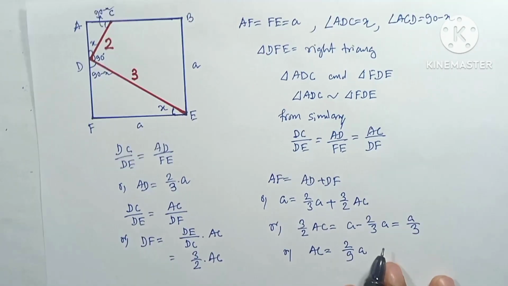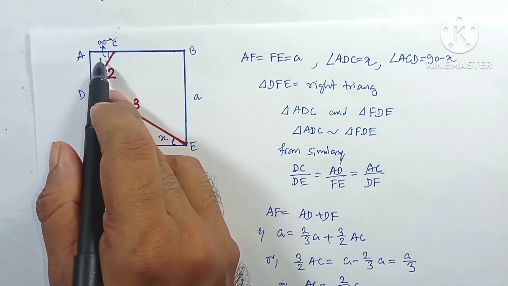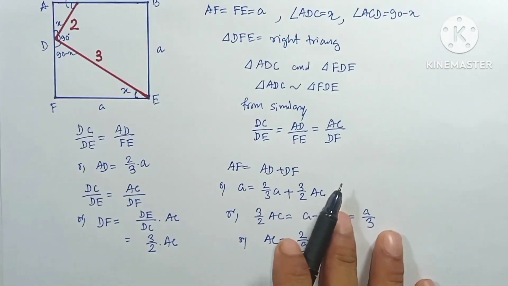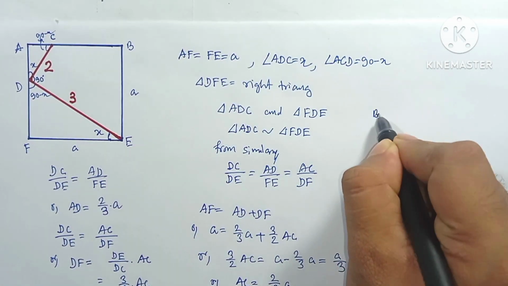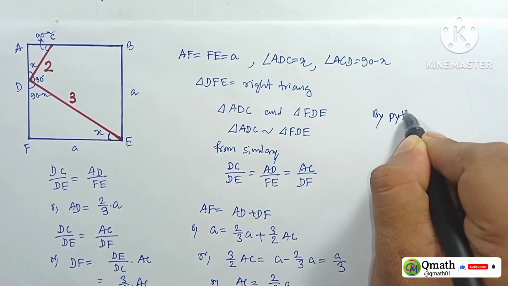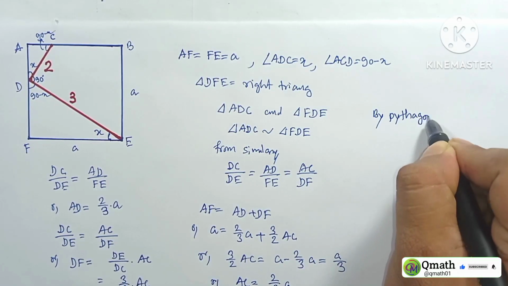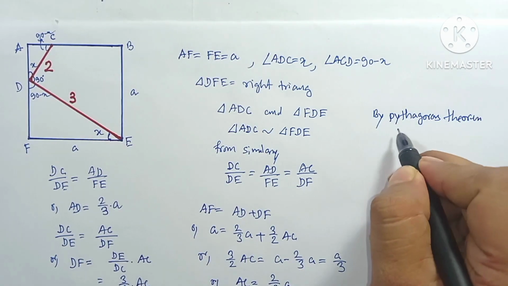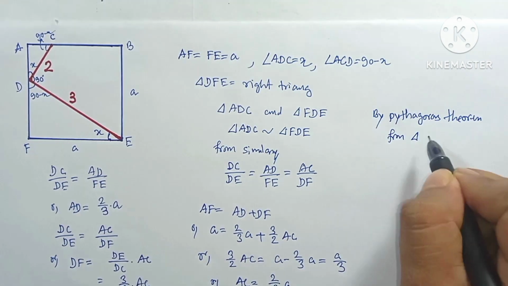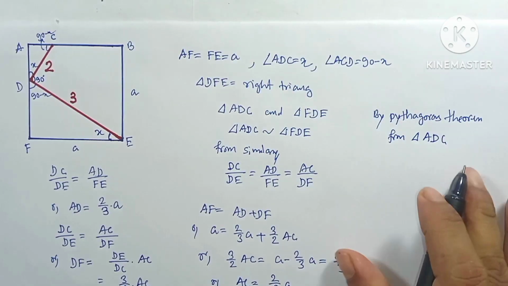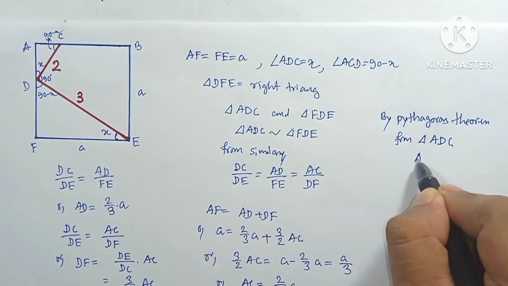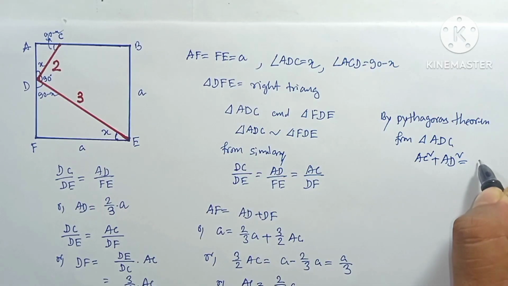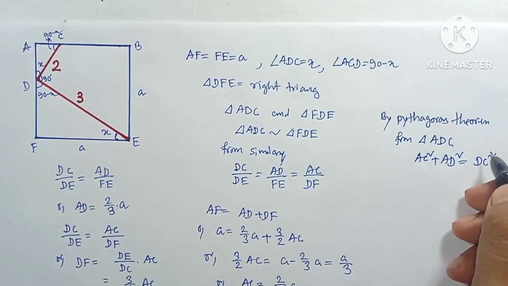Now look at this triangle ADC. This is a right triangle, so we can apply the Pythagorean theorem. By Pythagoras theorem, we can write from triangle ADC that AC squared plus AD squared is equal to DC squared.